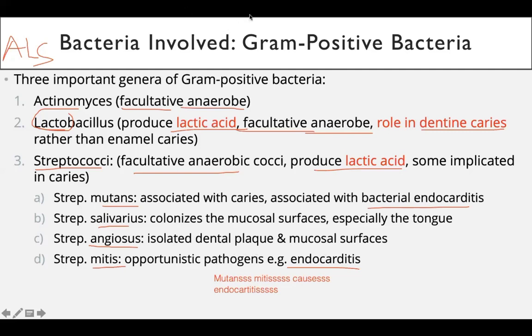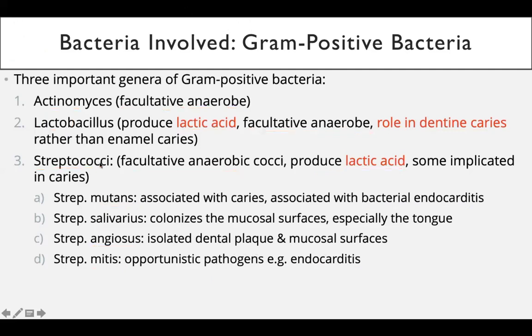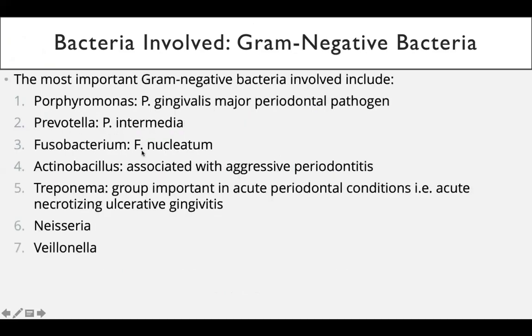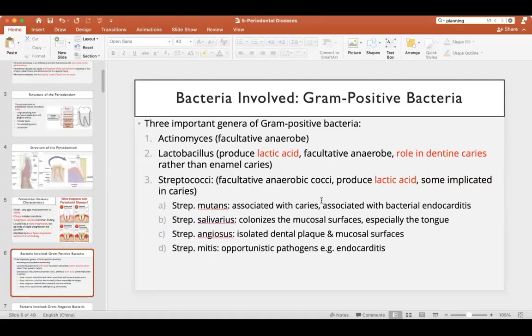So now what we do is we just write it down. Okay, so what we know is bacterial endocarditis, right? So let me write it in green, and this is how we remember these 2. Mutans and mitis, we know endocarditis. Mutans, mitis cause endocarditis.